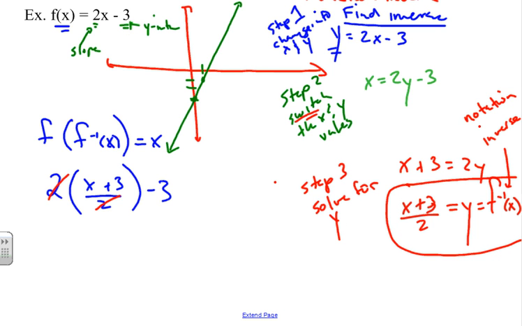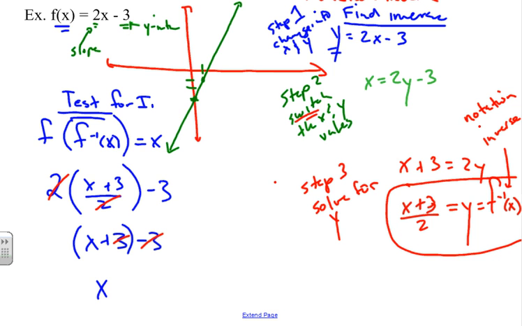Cancel, cancel. Now we're left with x plus 3 minus 3. Once again, these cancel, and what we're left with is x. Hey, what do you know? Our test for inverses works out. We got x, and we know that these two are inverses of each other.